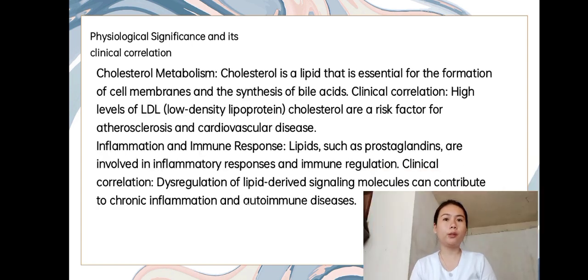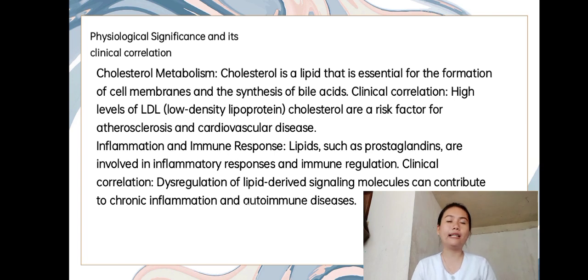Another is cholesterol metabolism. Cholesterol is a lipid that is essential for the formation of cell membranes and the synthesis of bile acids. Clinical correlation: high levels of low-density lipoprotein cholesterol are a risk factor for arteriosclerosis and cardiovascular disease. Di ba naa tay good and bad cholesterol?